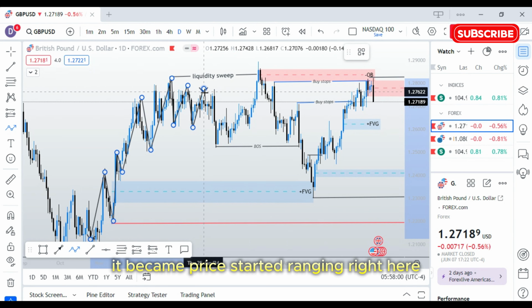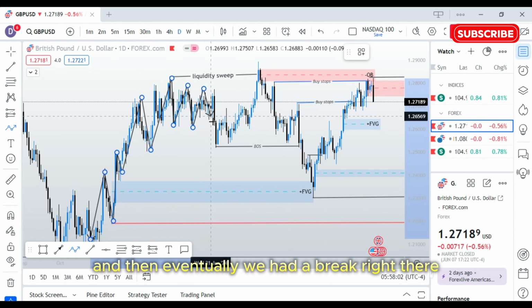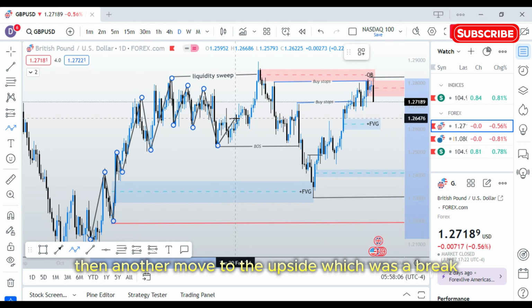Price started ranging right here, and then eventually we had a break right there, and then another move to the upside, which was a break.